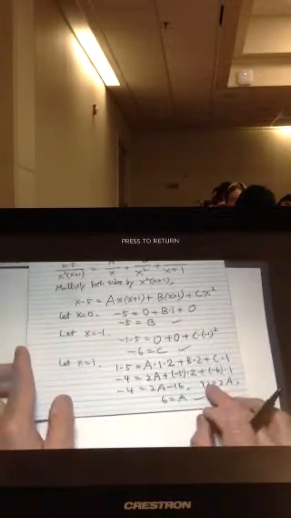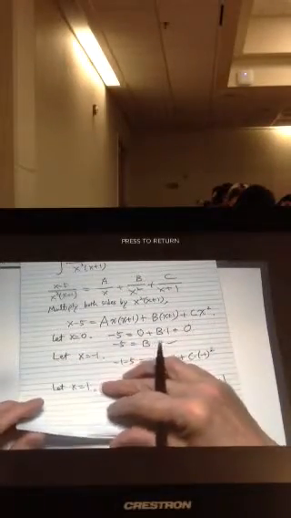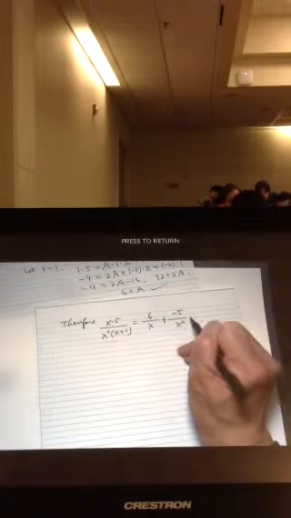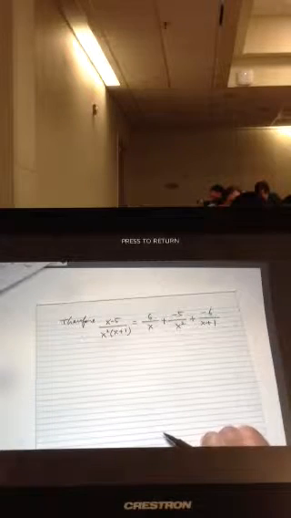All right, so I have all this. I'm going to substitute it into this expression, okay? Therefore, x minus 5 over x squared, x plus 1 is A, 6, over x, B, minus 5, over x squared, C, minus 6, over x plus 1.